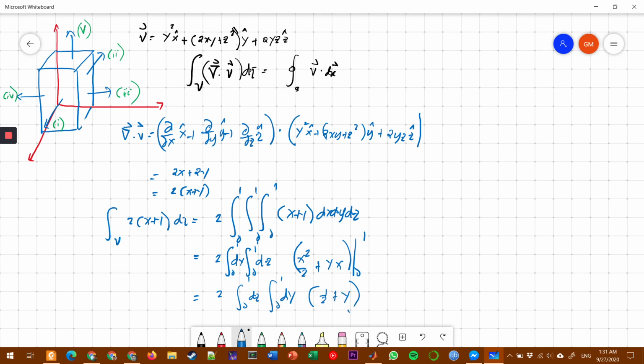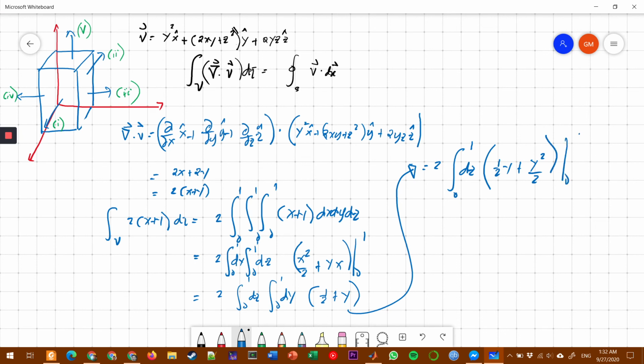So that's what we need to evaluate. So this becomes 2 dz from 0 to 1. So evaluate this one, evaluate the integral with respect to y. So this becomes 1/2 y plus y squared over 2.